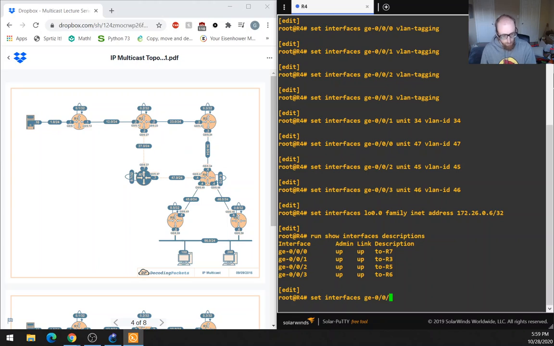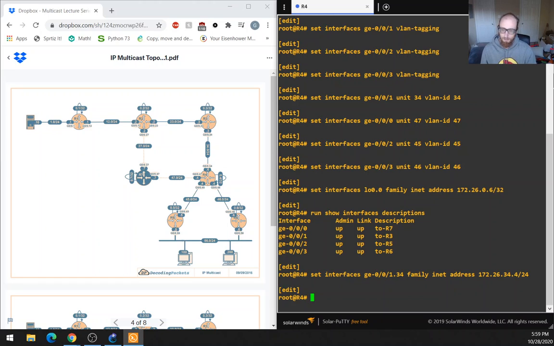So this is going to be interface 1, 34, family inet address, 34 dot, and then it's going to be .4. So convention makes a lot of sense to me now. Really good convention. Next will be to router 7, which is going to be 47.